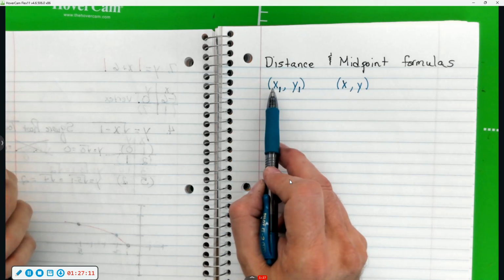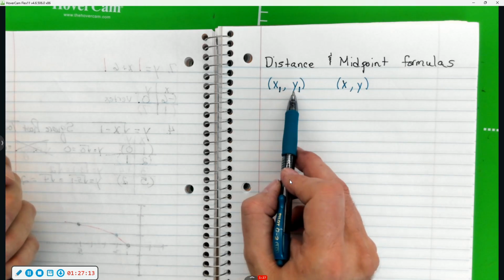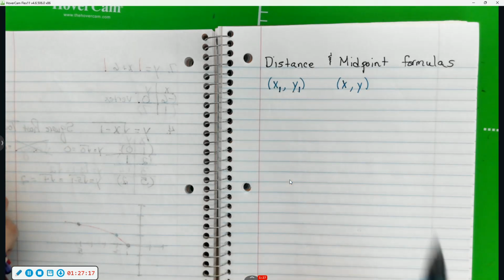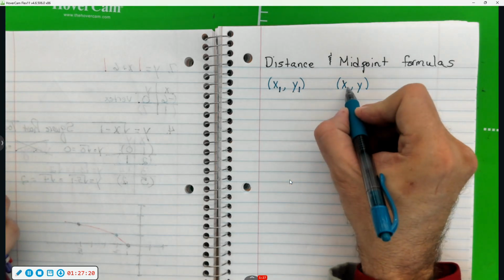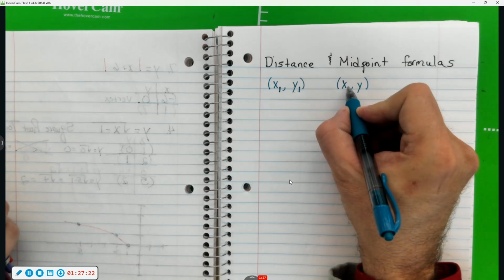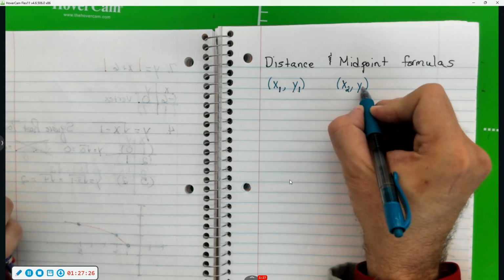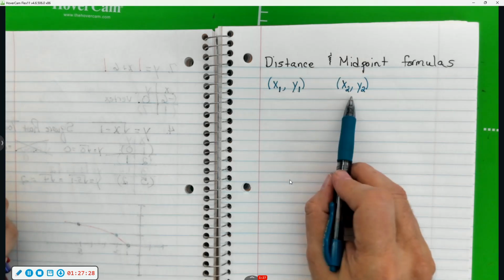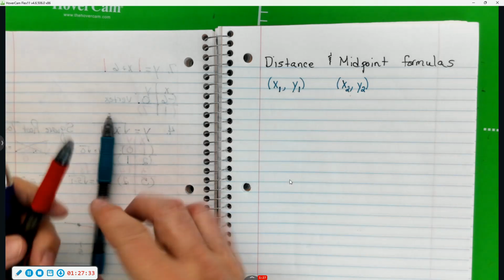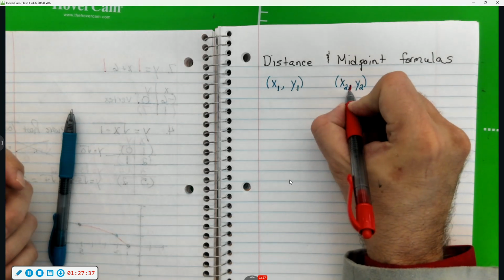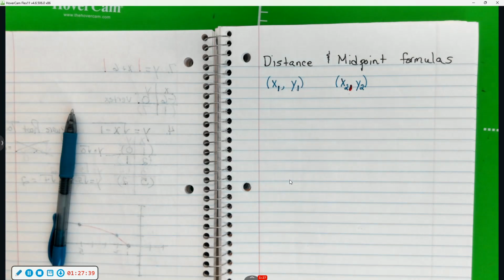That just means first X, first Y. Having seen that, could y'all guess what subscript I'm going to put right here for the second? 2. Okay. X subscript 2, Y subscript 2. This is a comma. It looks like it says X21. It is not X21.